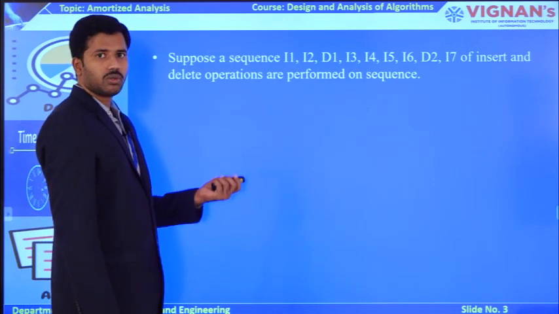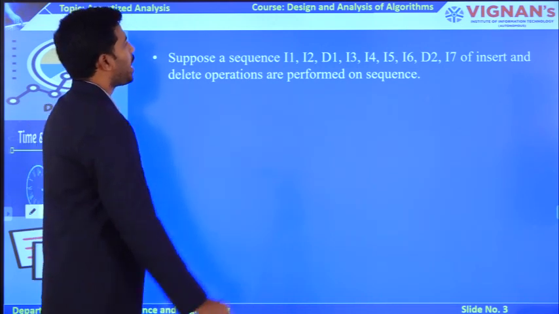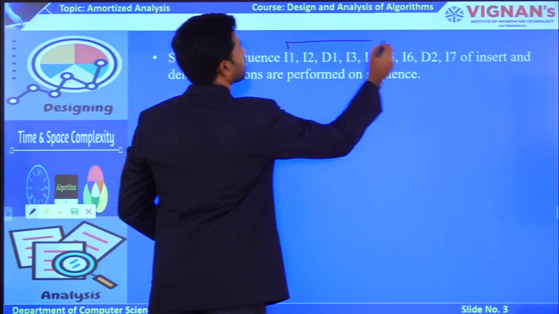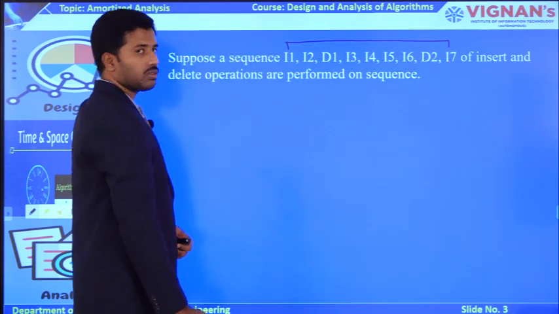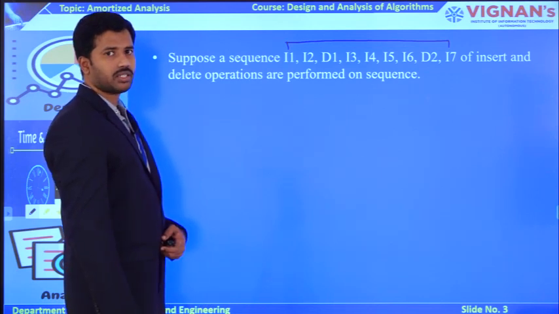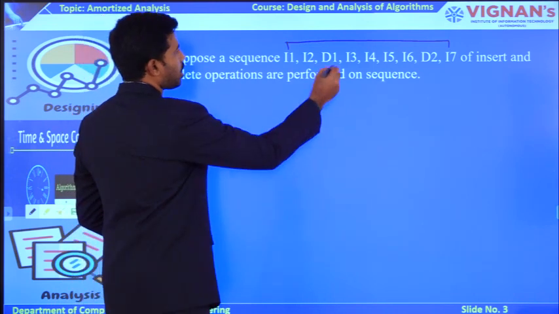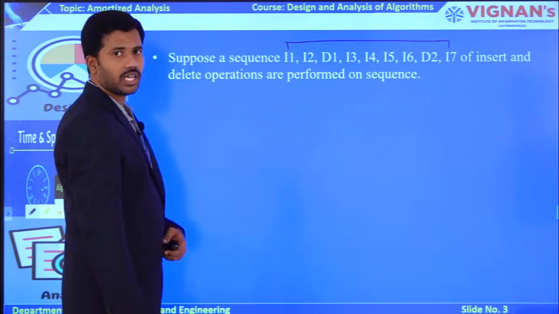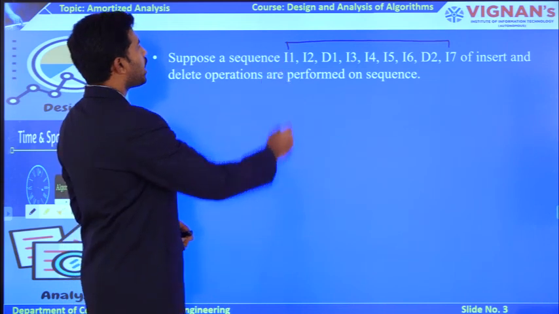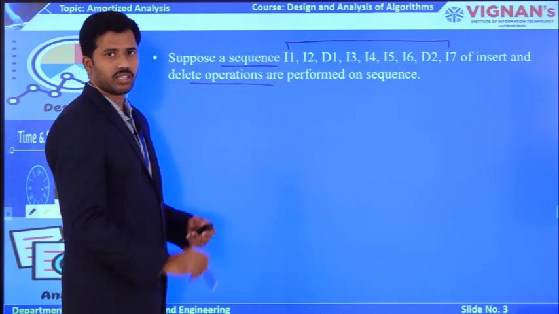Now try to observe this example. Here I am taking a sequence of instructions which contains insertion as well as deletion operations. Assume this sequence of operations is available in one algorithm.